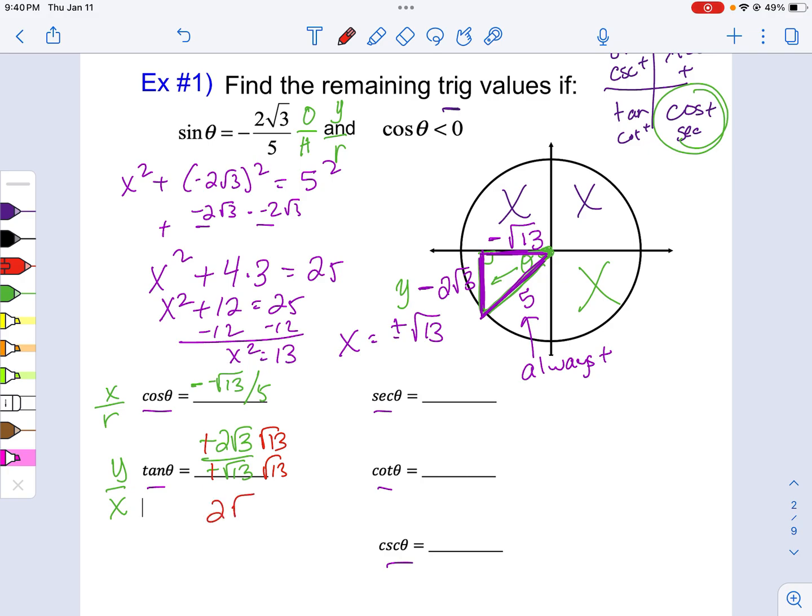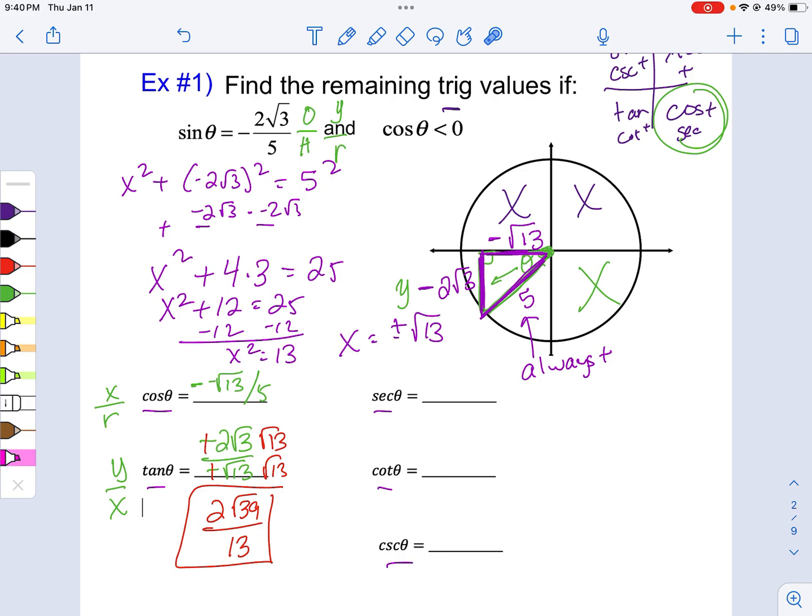So up top, I get 2 root 39, and on the bottom, root 13 times root 13 is root 169, or we know when you multiply a root by itself, it becomes positive. So your final answer here, because I cannot reduce a root in a number, and then 2 and 13 don't reduce either. So there is my final answer.